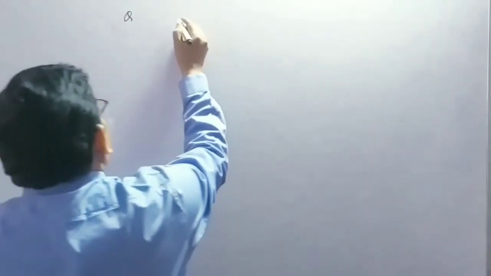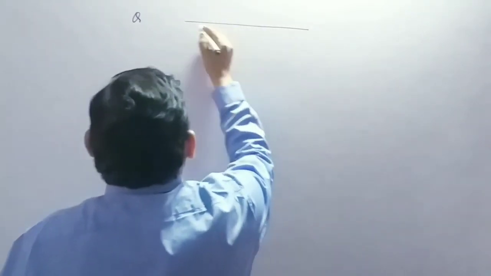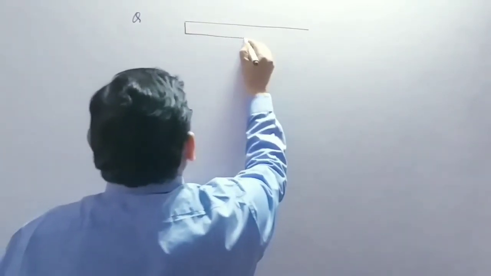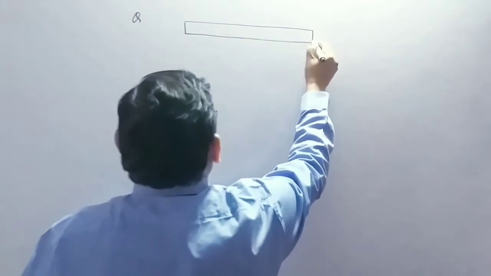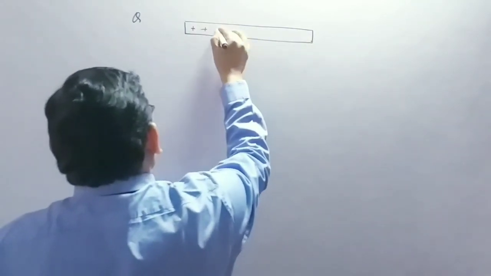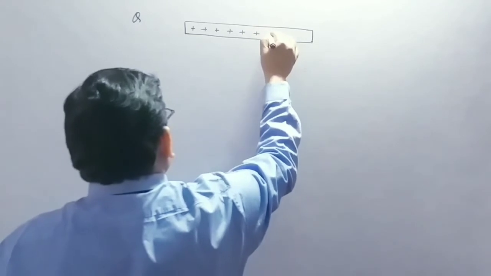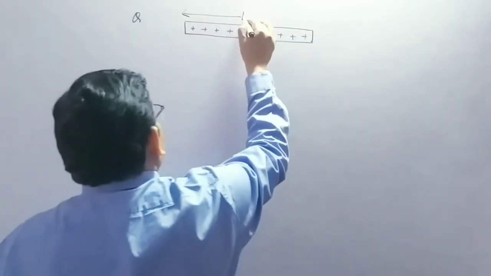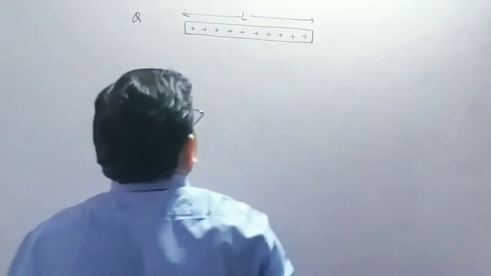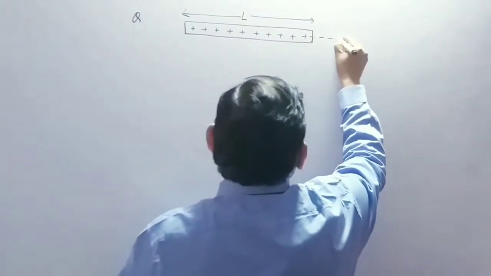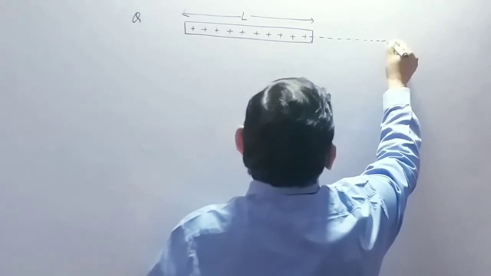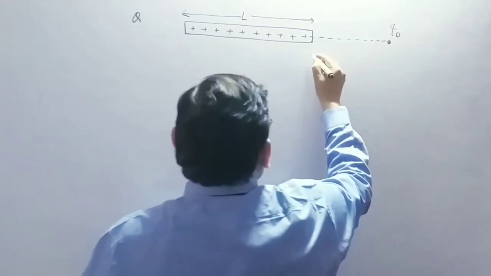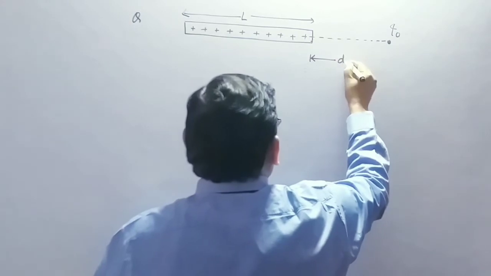The question is: consider a rod of length L having uniform charge distribution. The total length of the rod is capital L. We have to find the force on charge q naught, which is at a distance d from one end of the rod.